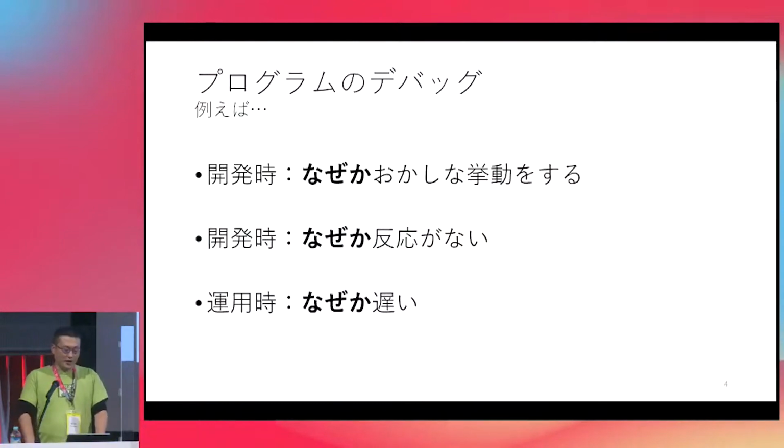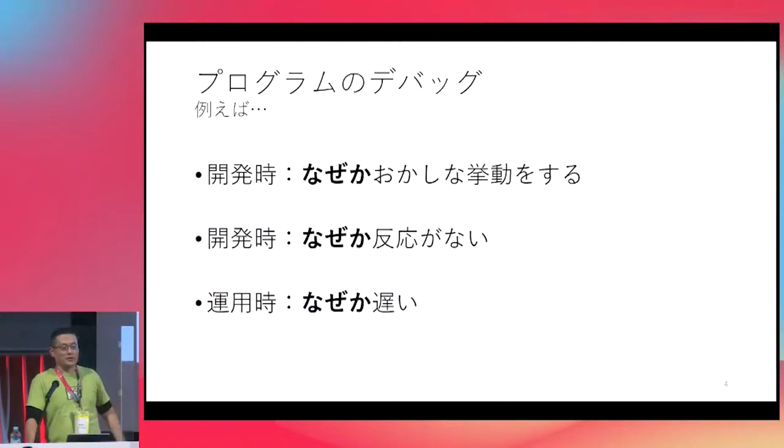And going back to the debugging of a program, in what kind of situation would you like to debug the program? At development or at actual use, you may find the program behaves in a weird way. I think many of you sitting here are programmers, and oftentimes you may be wondering why this program runs this way or behaves this way. Oftentimes you put a print or a p method in the case of Ruby, so you try to display the lines and find what the problem is.